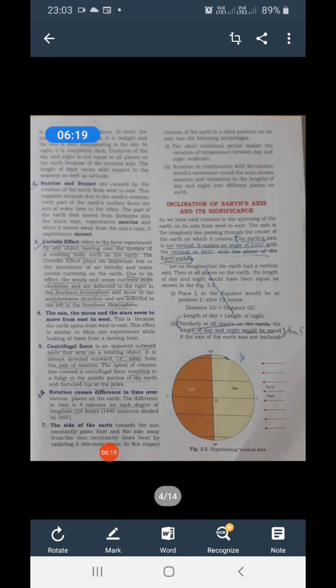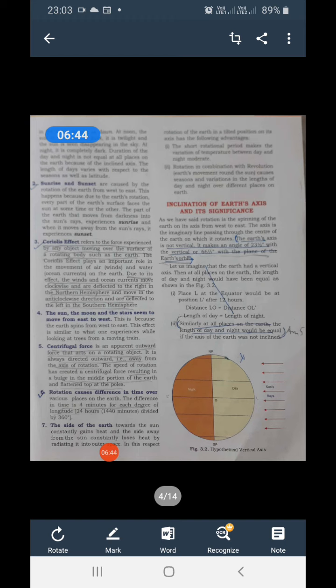Now, this Coriolis force is very, very important, because it changes the direction of the winds and the ocean currents moving in a particular direction, because these winds and ocean currents cannot cut the force of the earth, so their direction changes, and that is why it is called the force of the Coriolis effect.